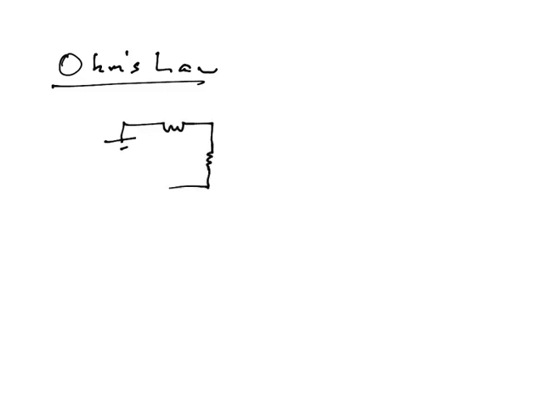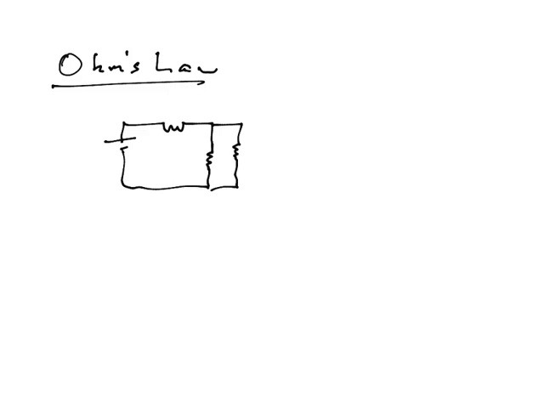All right, so speaking of that, the next big topic was Ohm's law. This was given a circuit with some set of resistors that might be connected in series, might be connected in parallel, something like this.